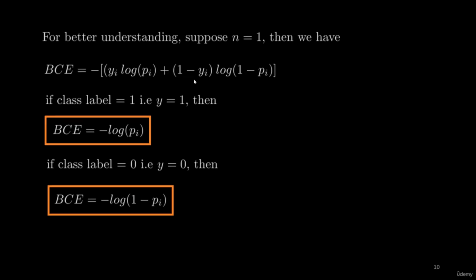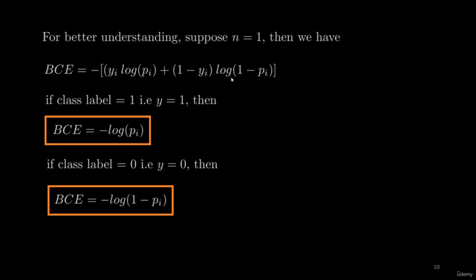Now how is it happening? Basically, if your label is 1, because we are doing binary classification, in that case we have two labels, that is 0 and 1. So if your y is 1, and you put 1 in both of the terms where y is present, then the second term will be 0, because 1 minus 1 is equal to 0.